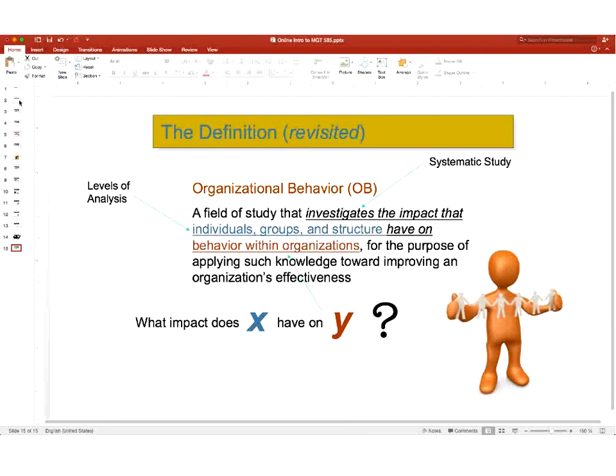So again, going back to our definition, we want to provide in this class an overview of a systematic study of how these particular individual, group, and structure types of topics have on behavior within organizations.